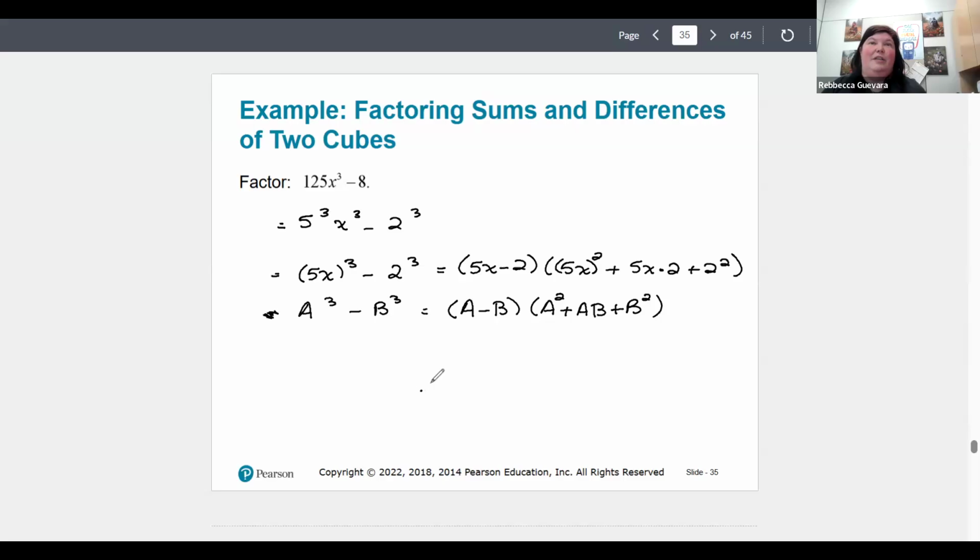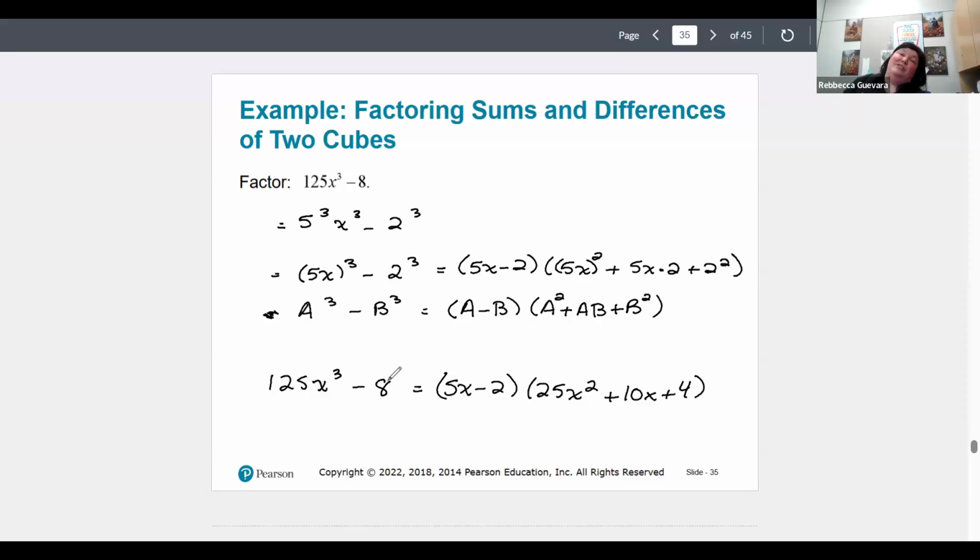So what we're going to end up with is 5x minus 2 times 25x squared plus 10x plus 4. So 125x cubed minus 8 would factor into 5x minus 2 times 25x squared plus 10x plus 4.